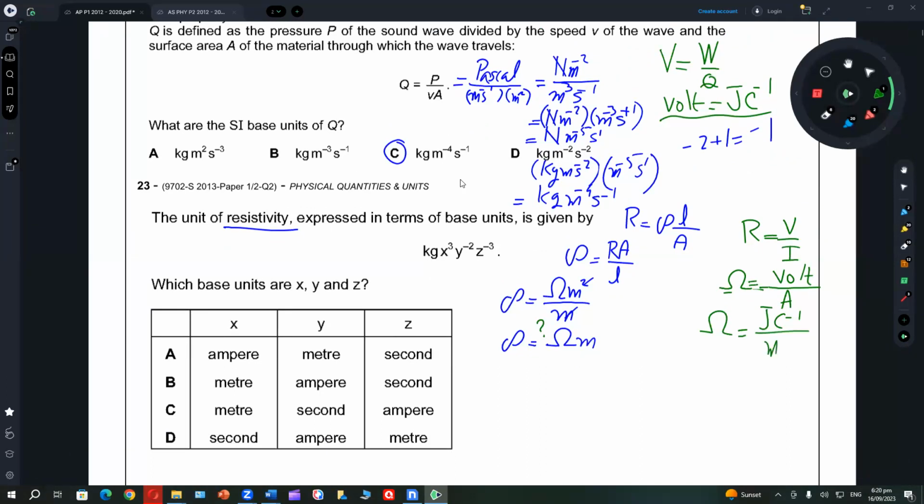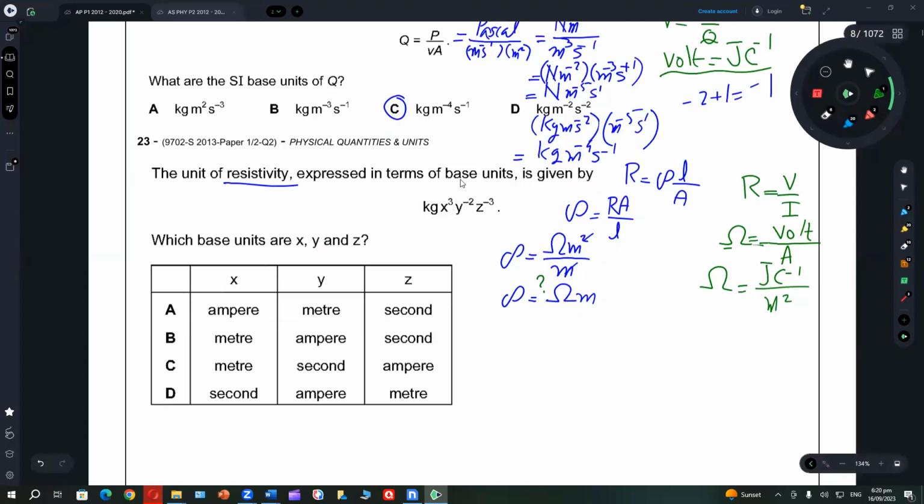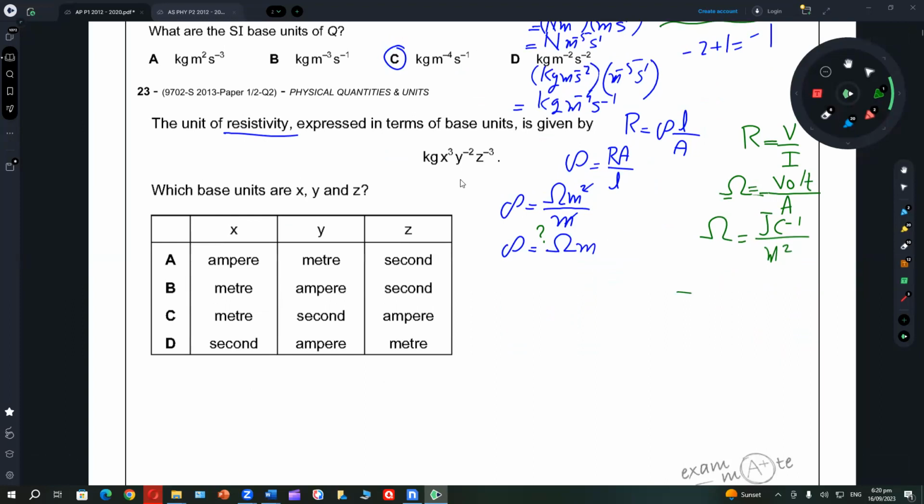Upon area is meter square. Now, what should I put for joule? Joule is Newton meter. What should I put for coulomb? For coulomb, it is ampere into second with power -1 upon meter square.